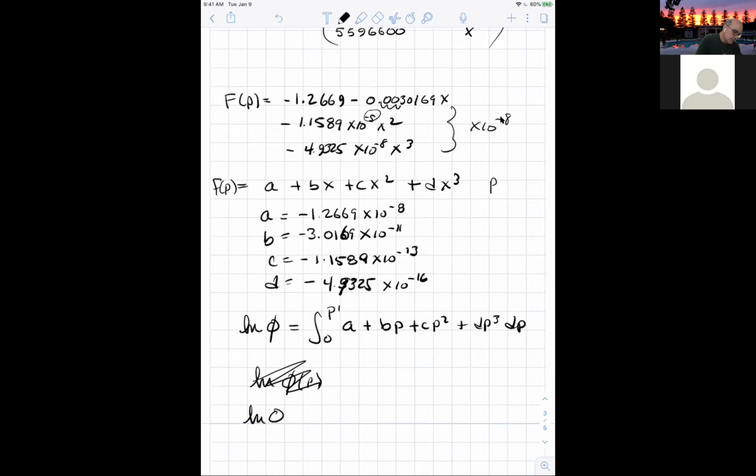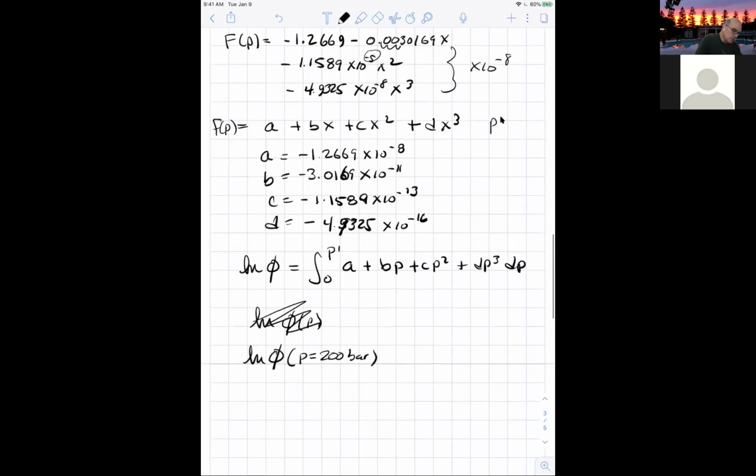Log of phi at P equals 200 bar is going to equal the integral from 0 to 200 of A plus BP plus CP squared plus DP cubed, dP.